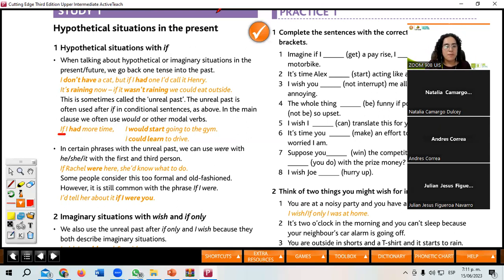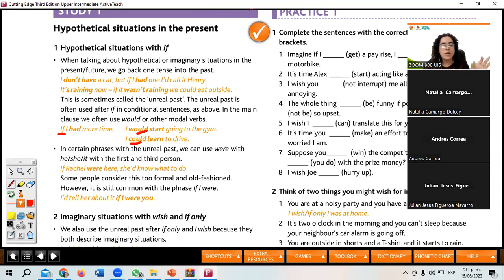Entonces, en la main clause, en la cláusula principal, usamos would, yo haría, yo visitaría, yo comería. So is would, or we can use another modal like could, might, or would, okay? Si tuviéramos más tiempo, yo empezaría a ir al gimnasio o yo podría aprender a manejar, okay?